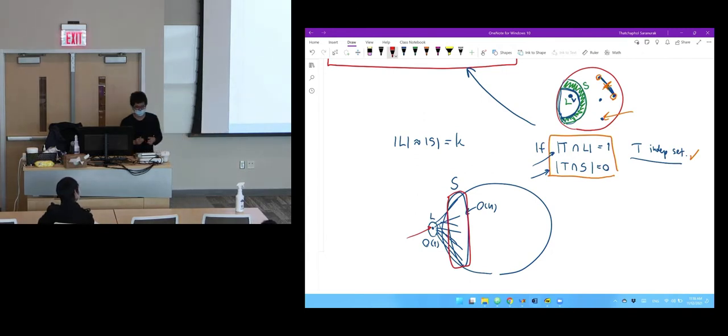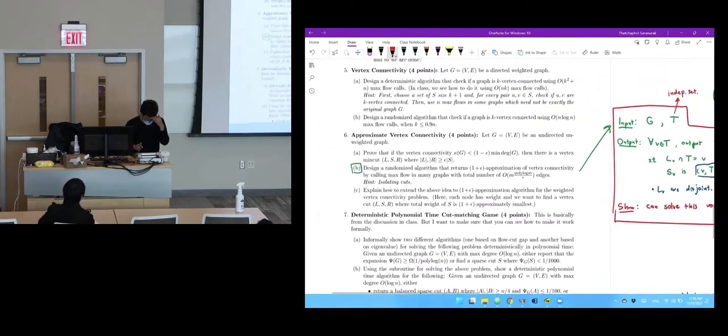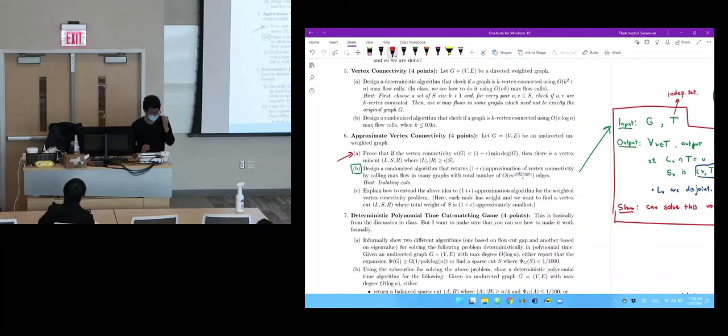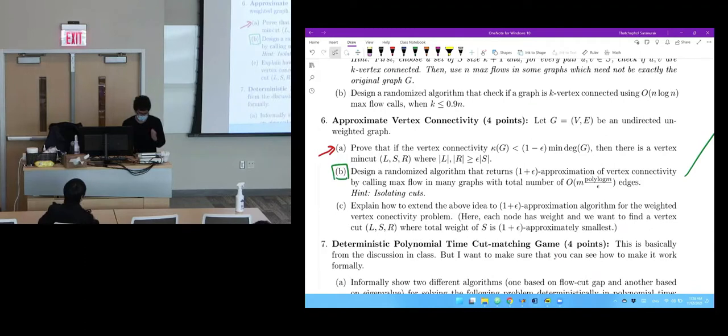Okay, and this is why we will use 6a. So what does 6a say? It says this.